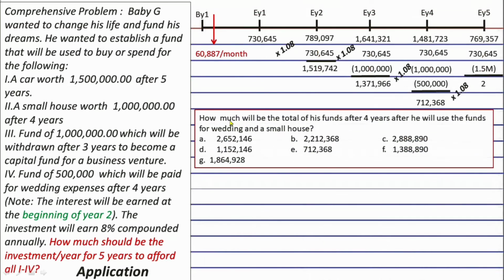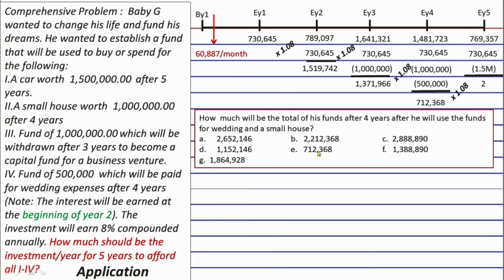So again, we have the same question with question number 4. However, the investment balance needed at year 4 is already after baby G withdrawn this 1 million for the house and 500,000 for the wedding fund. Well, this is automatically the answer, right?